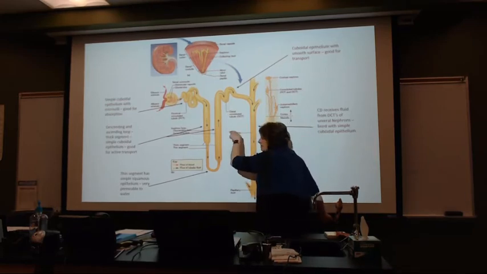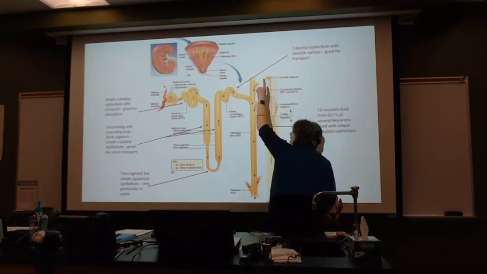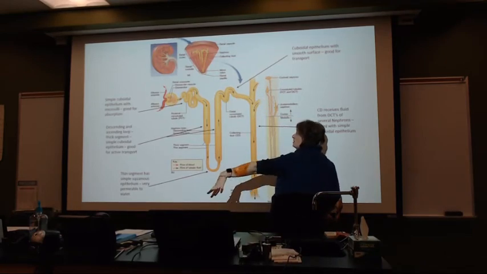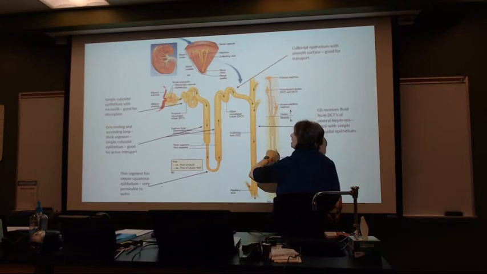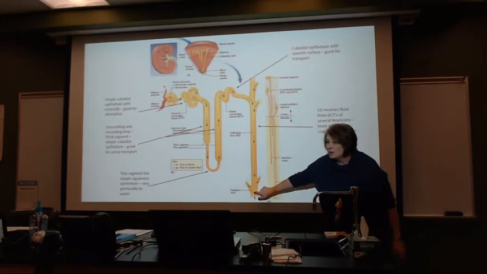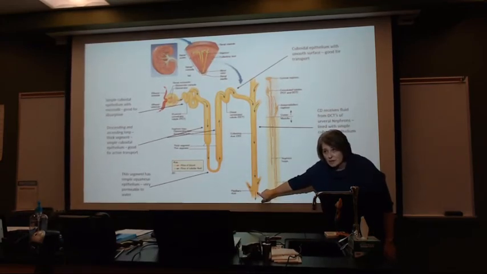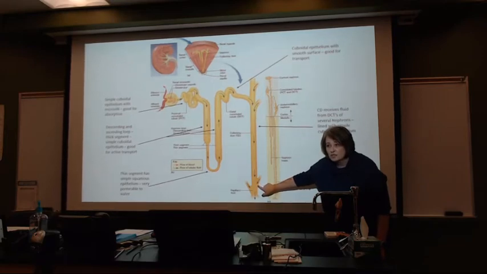We can still get stuff out of the blood. And as it continues to make its way, return stuff to the body, pick more stuff up, and hopefully by the time we get to the areas for the calyx, we have now formed urine.